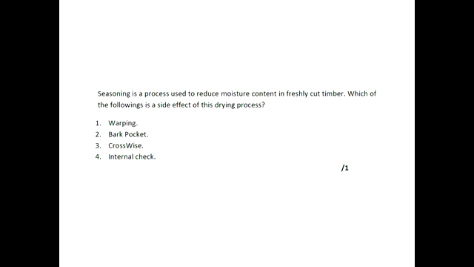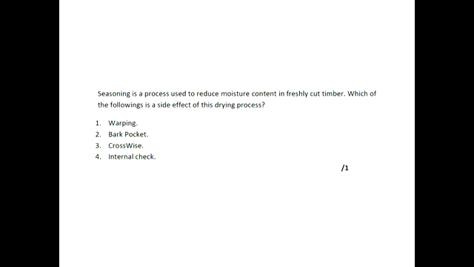Now, potential exam question. I believe a particularly easy exam question. Let's read it together. Seasoning is a process used to reduce moisture content in freshly cut timber. All right? Which of the following is a side effect of this drying process?